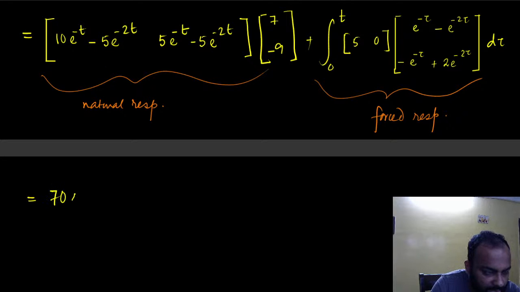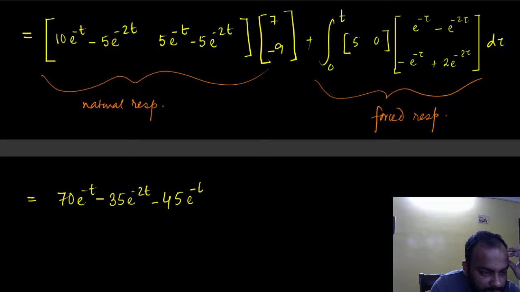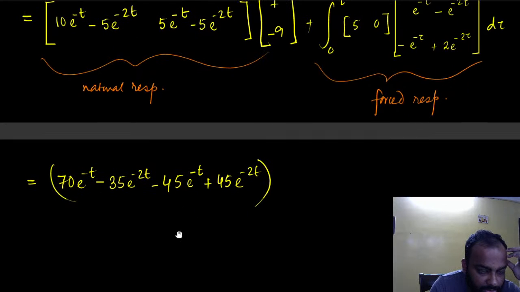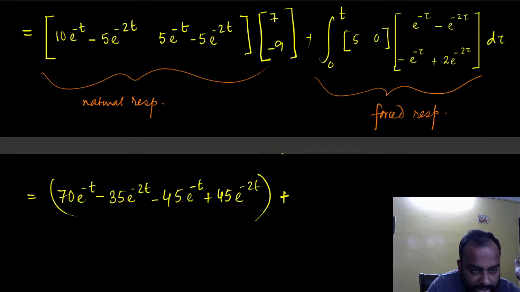So let's write it down: 70 e to the power minus t, minus 35 e to the power minus 2t, minus 45 e to the power minus t, plus 45 e to the power minus 2t. That's the natural response, plus this integration.